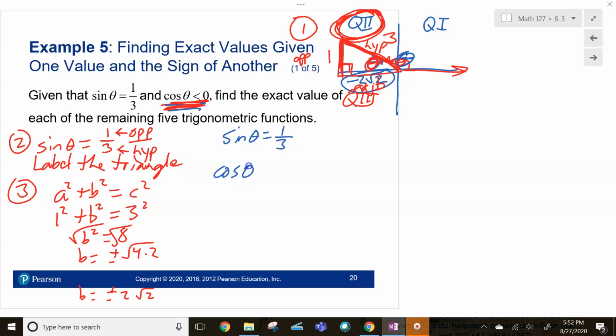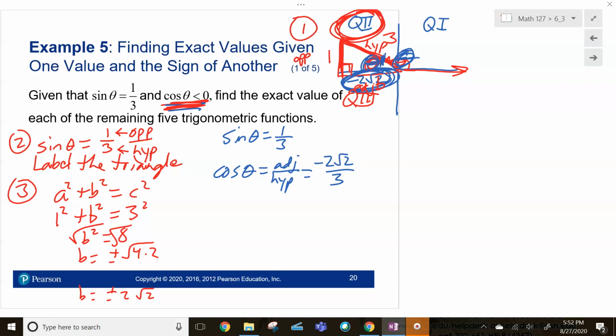My cosine of theta, remember cosine is adjacent over hypotenuse. So my adjacent side, remember I'm using theta prime, right? I'm finding the cosine of theta, but I'm using theta prime right here. So the adjacent side is that negative 2 root 2 over 3.